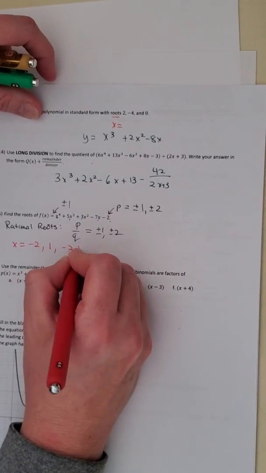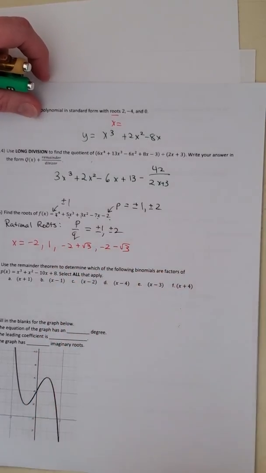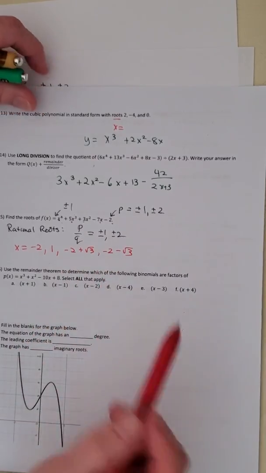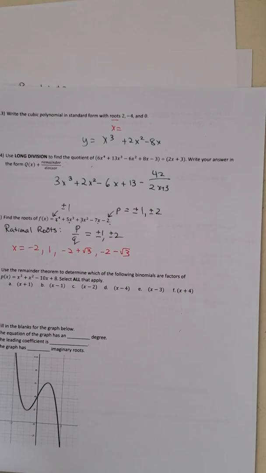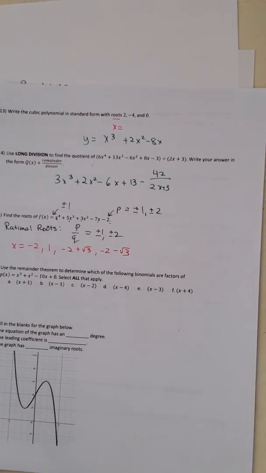So negative 2 plus the square root of 3 and negative 2 minus the square root of 3. And that does confirm this, that we have 1, 2, 3, 4 roots. It's a degree 4 polynomial, so we should have 4 roots. All right, we're going to stop the video there, and we will pick it up on the next video.